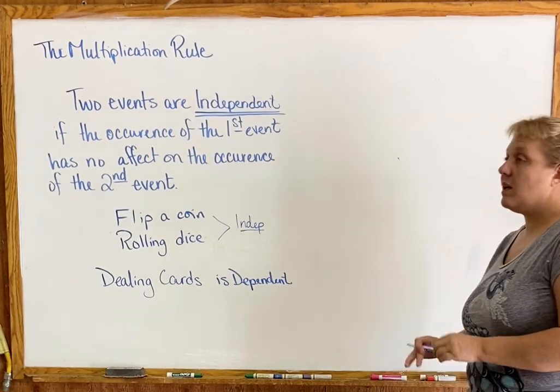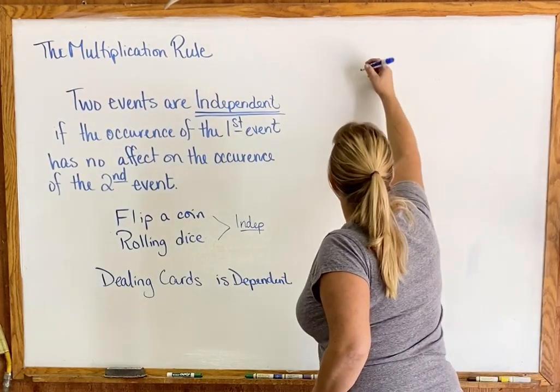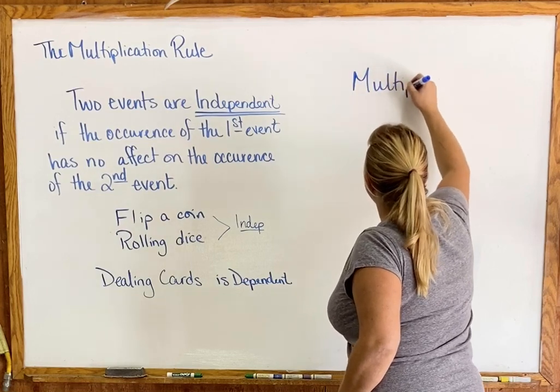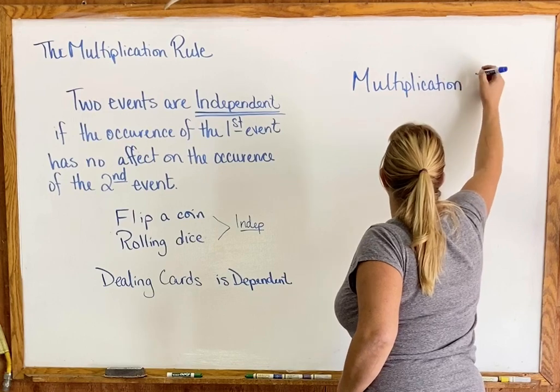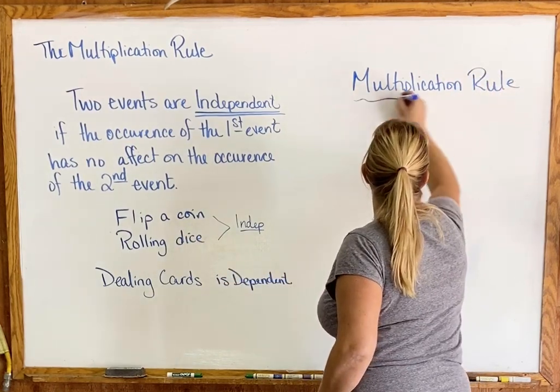Okay. So let's talk about independent events. And then we'll look at the multiplication rule here. We'll do the dependent events later. Don't worry about that right now. So the multiplication rule.